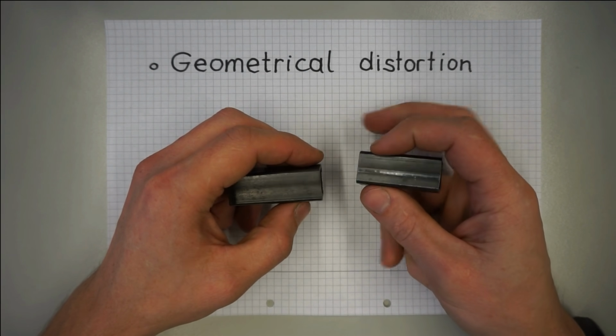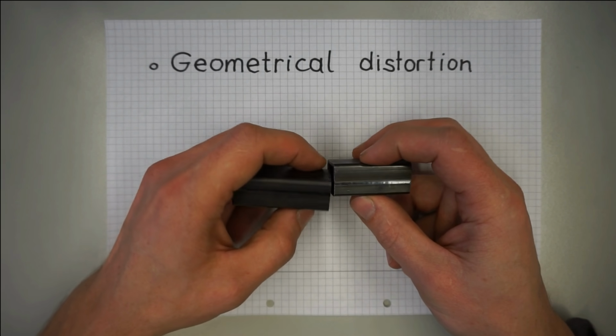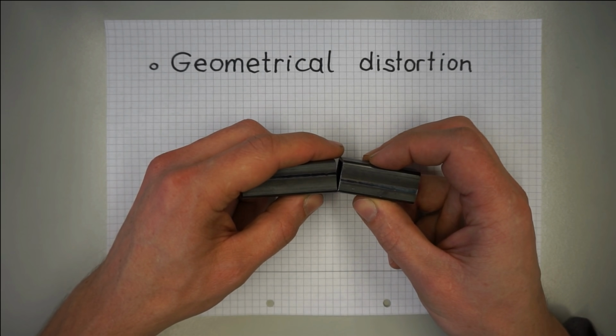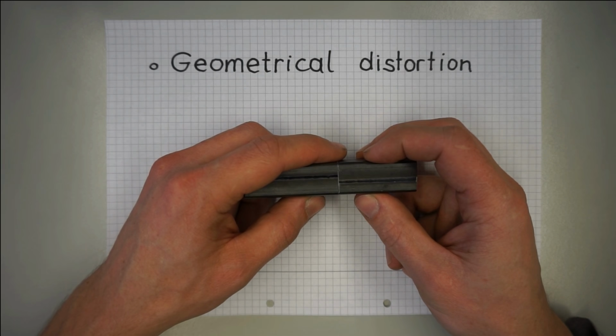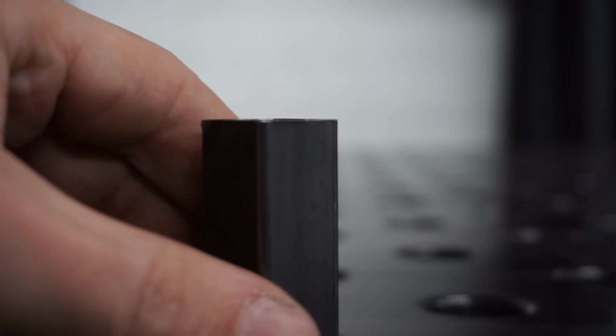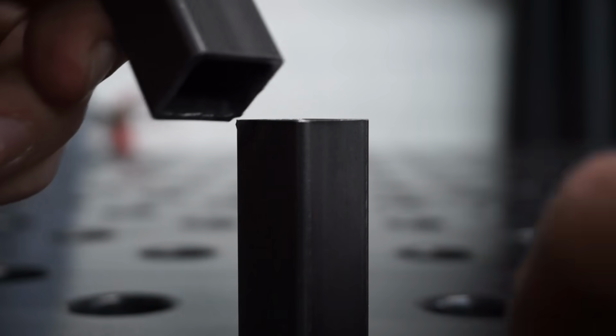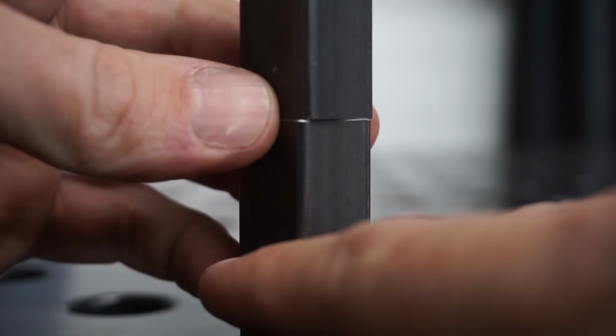But even without gaps, we have to be careful not to generate geometrical distortion because of gaps that open. Most frequently this happens with the first tack, like in this example here. This face is machined flat and sits on the second precut without a notable gap.